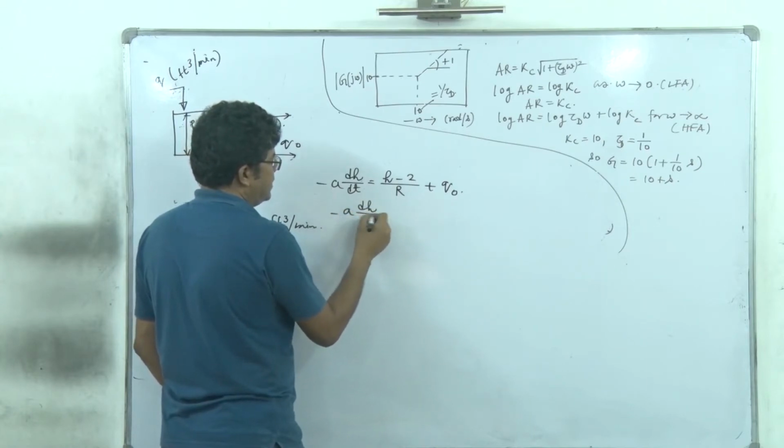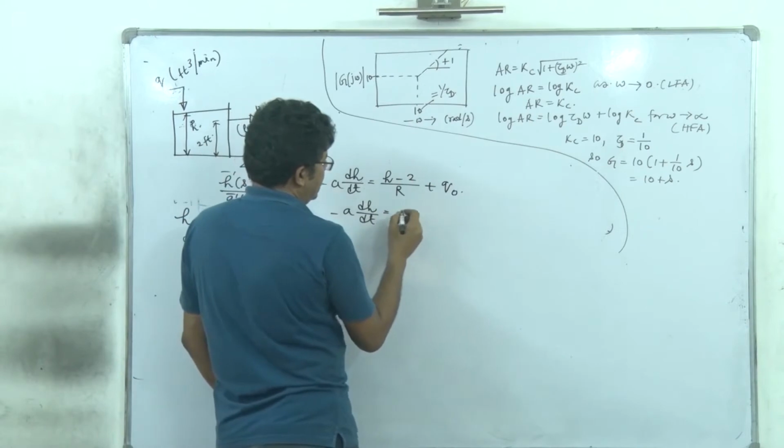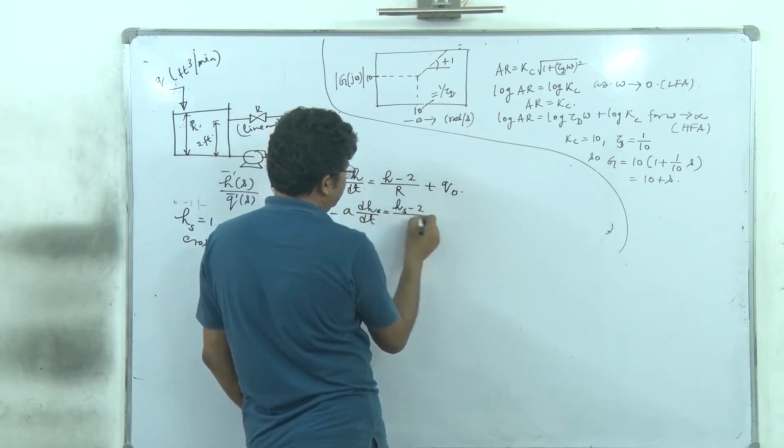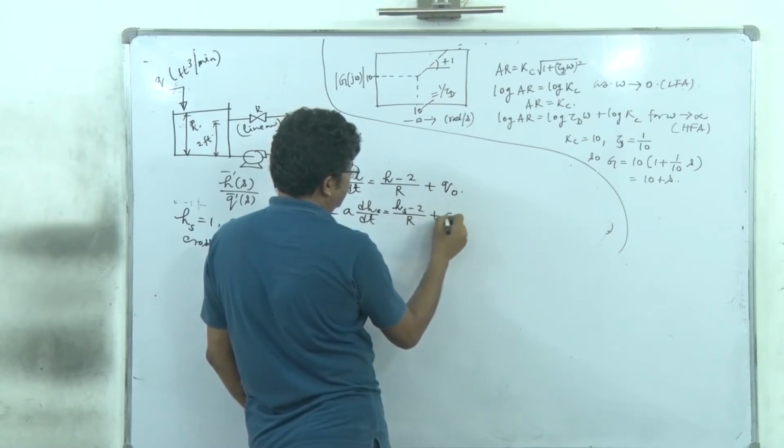Minus A dH/dt is equal to dHs/dt is equal to (Hs minus 2) divided by R plus Q naught.